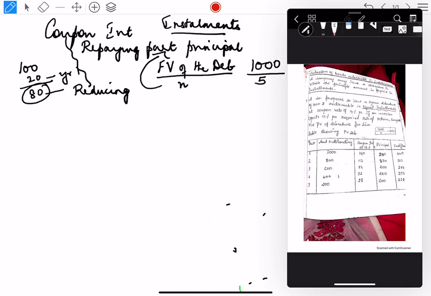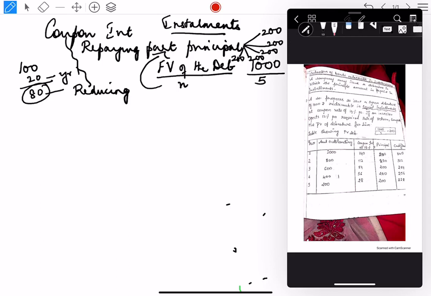Therefore, the part principal repaid every year from year 1 to year 5 would be 200. So 200 every year, 200 into 5 would be 1000.